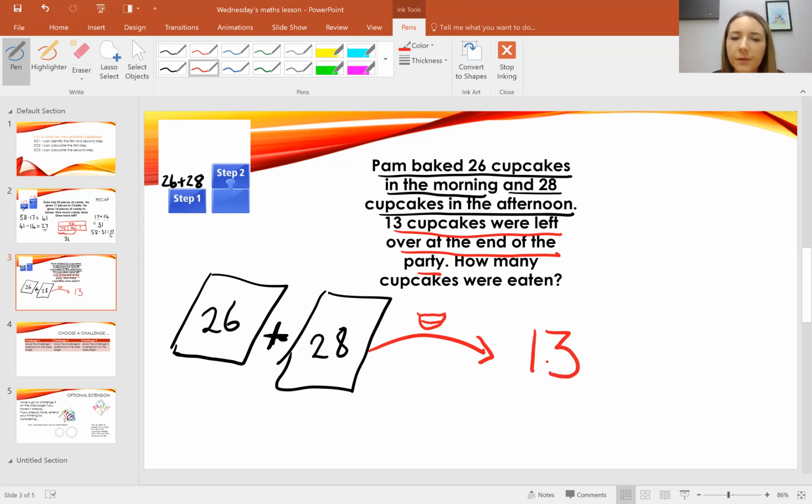Okay, so some of them have been subtracted, but we don't know how many. And 13 were left over. So the second step would be to use, because we've got a missing number in the middle, we need to use our inverse.